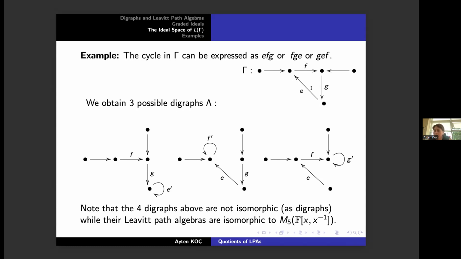So replace with this vertex and this arrow a loop at the same source. So we obtain this loop, EE prime. So we obtain the first digraph lambda, and we claim that the Leavitt path algebra of this digraph is also isomorphic to L of gamma.